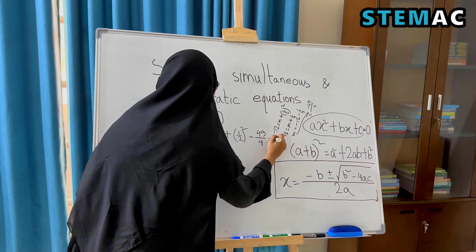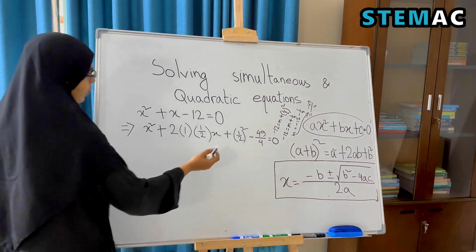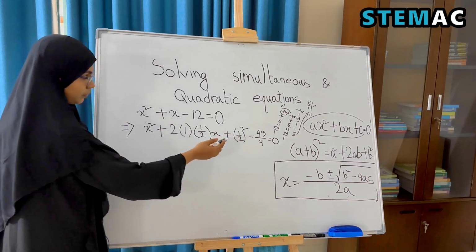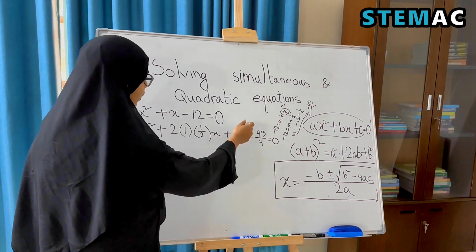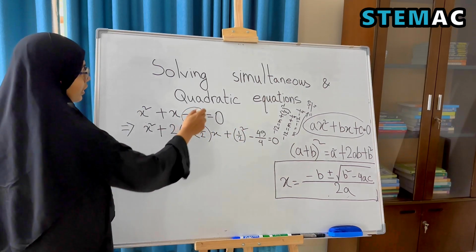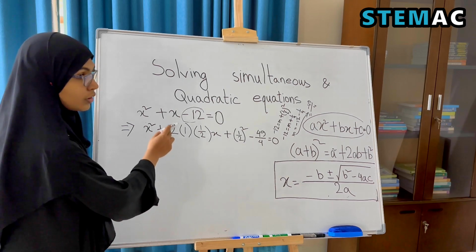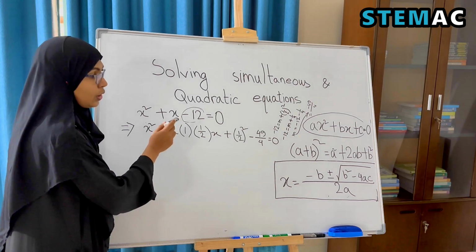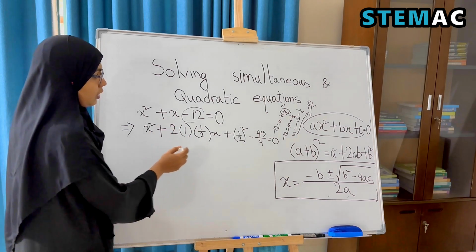By writing here minus 49 by 4, it means 1 by 4 minus 49 by 4 equals minus 12. We are not changing the equation, we are just changing the forms.